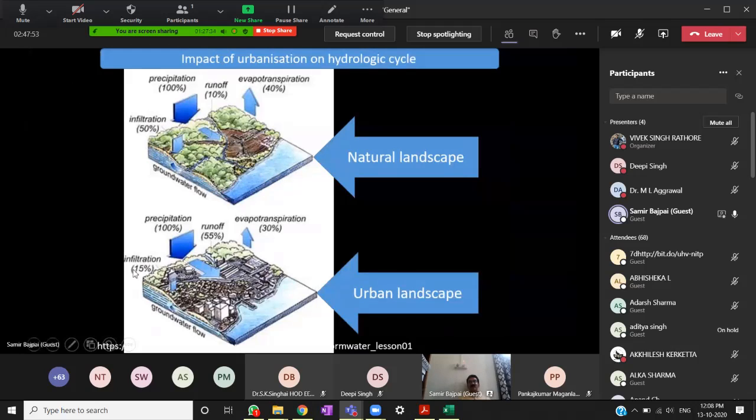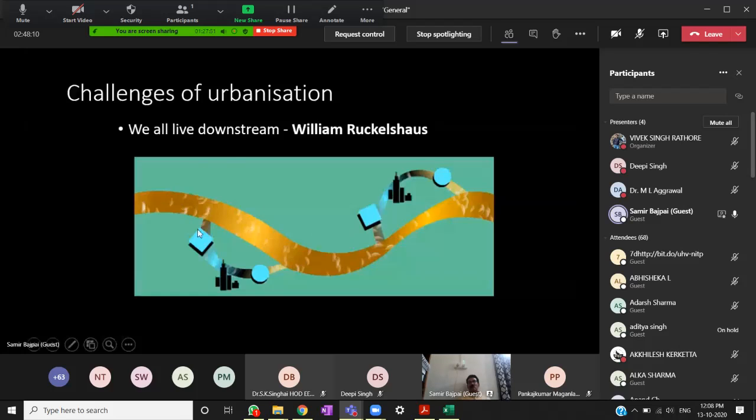In an urban landscape, we have typically stopped infiltration, down to 15%, because we have covered all the surface from where water used to infiltrate, percolate and join the groundwater. So our groundwater sources are also depleting, and the whole catchment area is contaminated. Every city is taking water, dumping waste, taking water, dumping waste. So as you move downstream, water quality deteriorates.